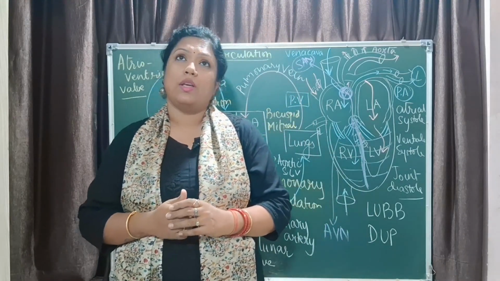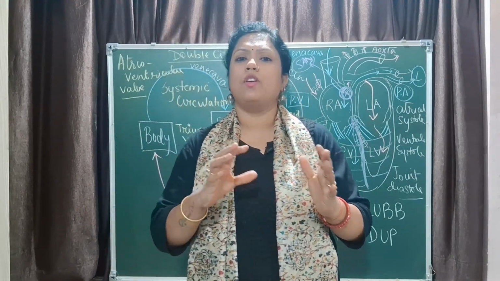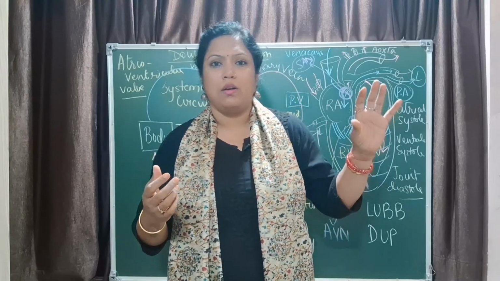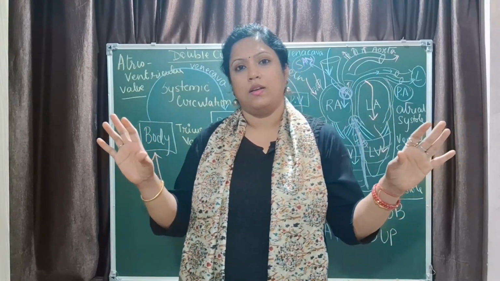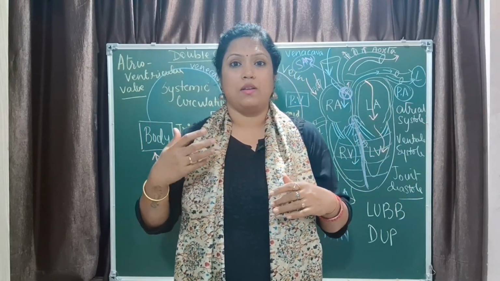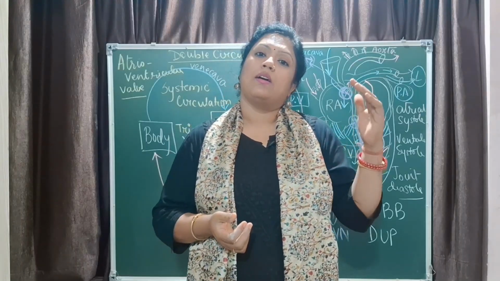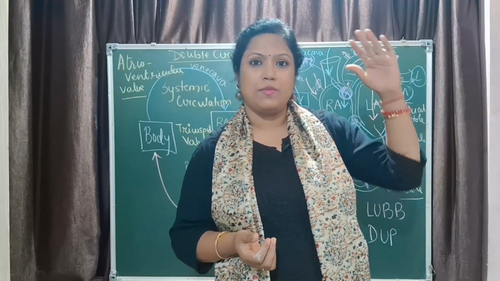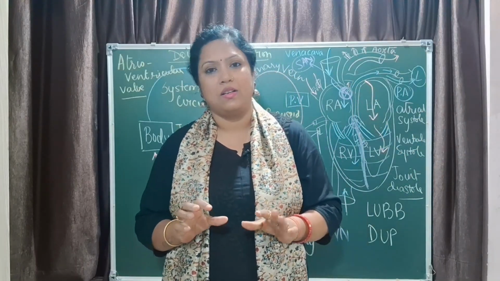Now there is one more system. You know that every organ is connected to a vein and an artery, but your stomach and digestive system have a blood vessel which comes from the aorta, called the mesenteric artery.